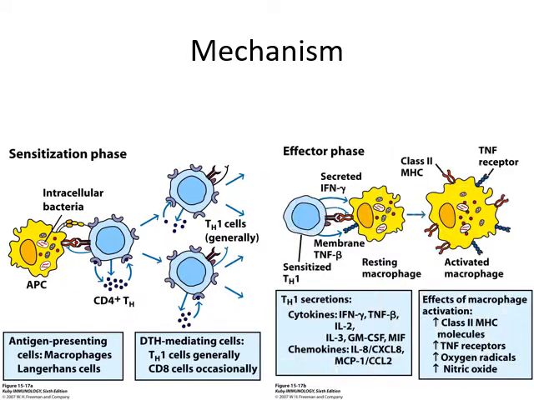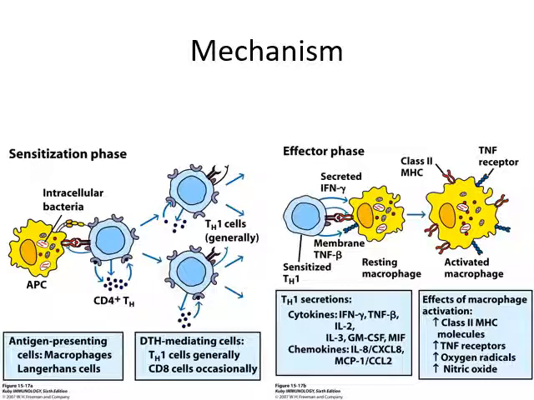Now the other phase is the effector phase. Over here, these sensitized Th1 cells, when they encounter the same antigen again, stimulate the resting macrophage. Now this resting macrophage will get activated and usually clear the pathogen.